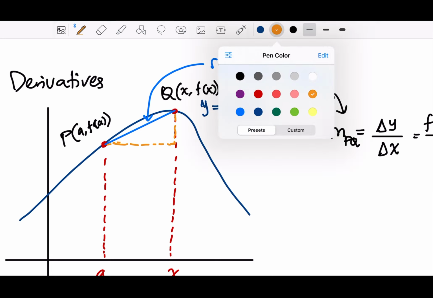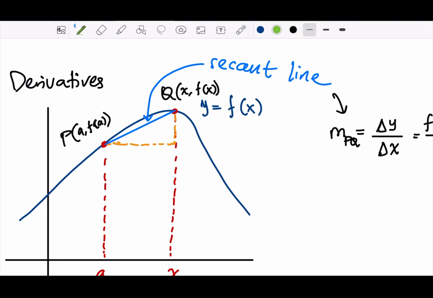Let me draw a little bit, let me use maybe green. Maybe this is getting closer. And this is what you call the tangent line.